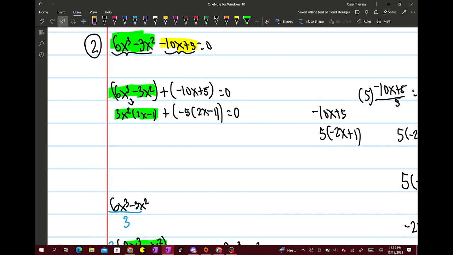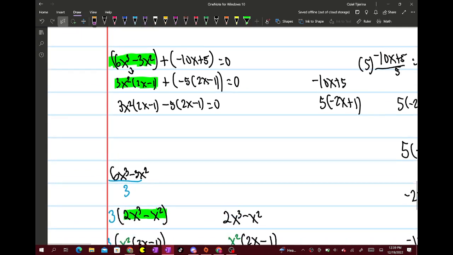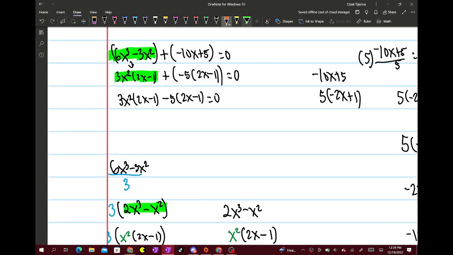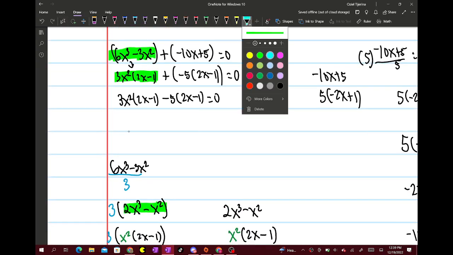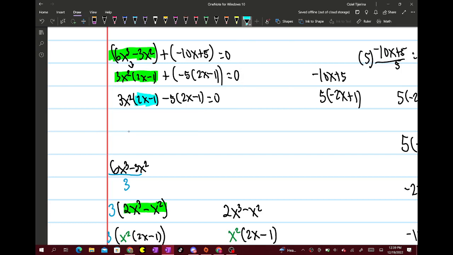Now, we know we have two different things. So we have 3x squared times 2x minus 1, and then minus 5 times 2x minus 1 equals 0. Now, the common factor is 2x minus 1. So we're going to highlight that, and we're going to set that equal to u, right? So u is 2x minus 1.